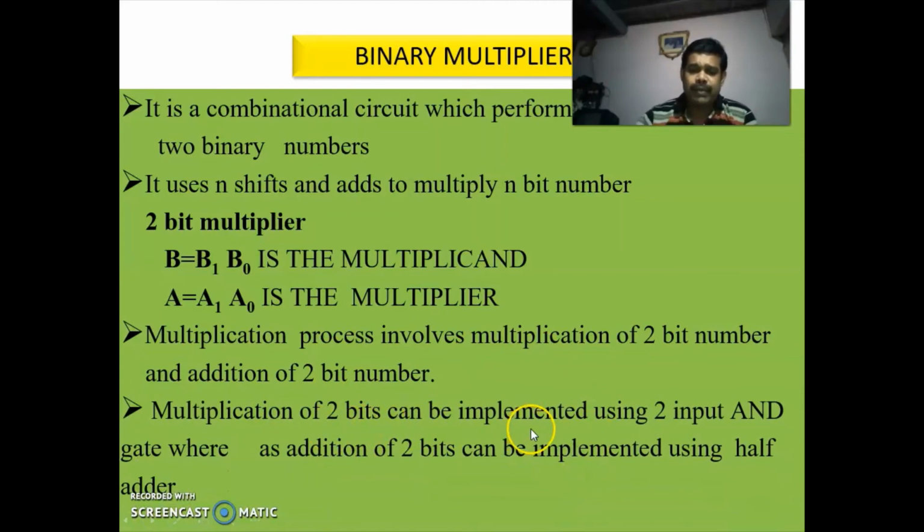The multiplication of 2 bits can be implemented by using a 2-input AND gate, whereas the addition of 2 bits can be implemented by using a half adder. So a 2-bit multiplier will have two-input AND gates and half adders.